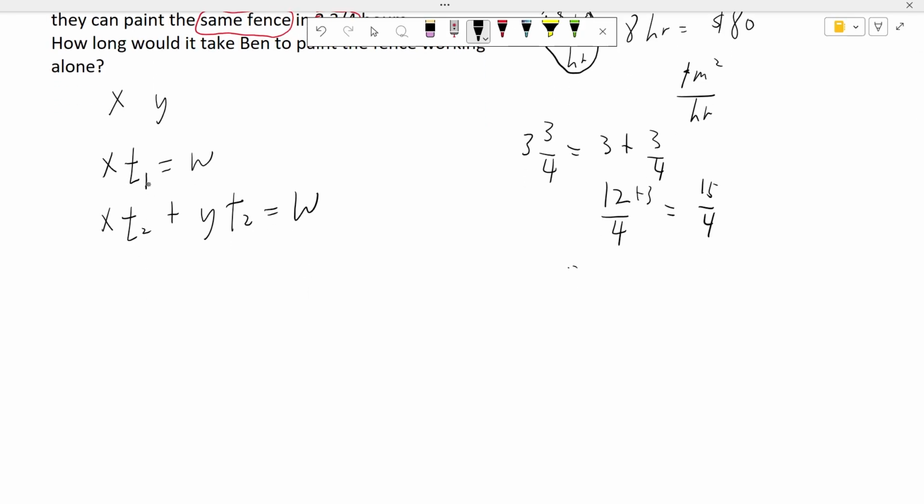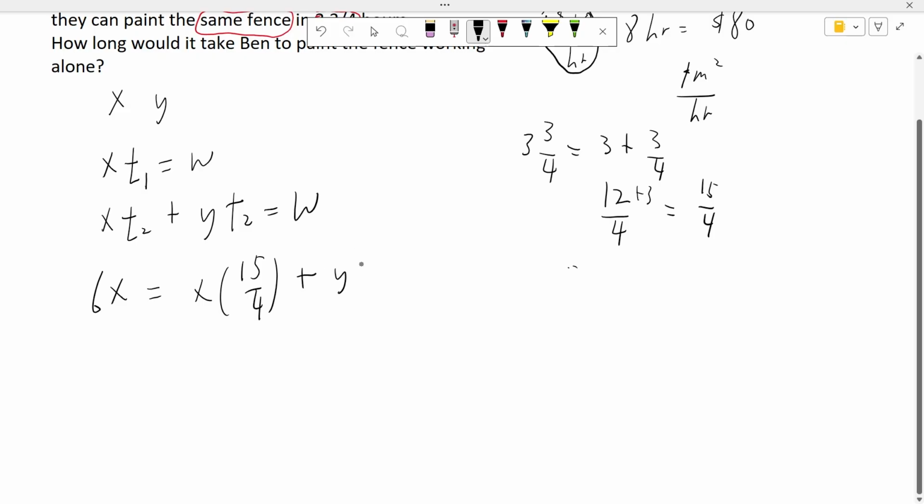So we know quite a bit already. Since the work is the same, we can equate the left-hand side of this equation to the left-hand side of this equation. But let's plug in the actual numbers while we're doing that. It's going to look like this.